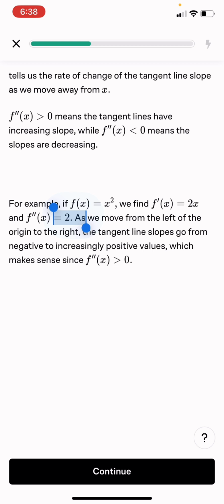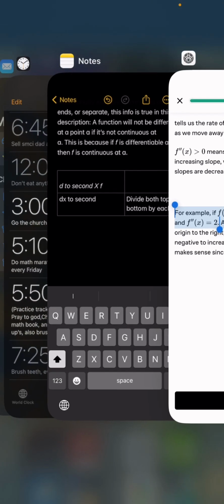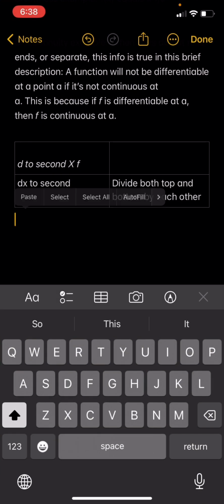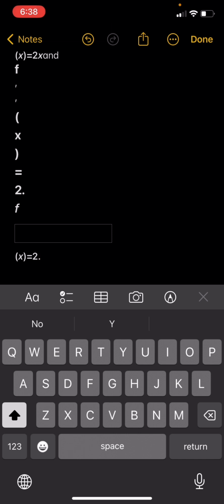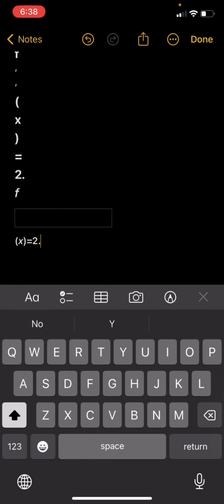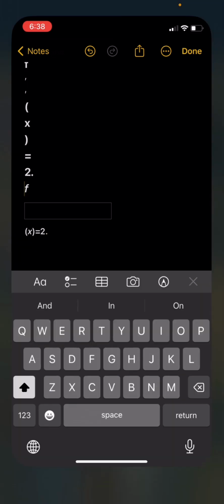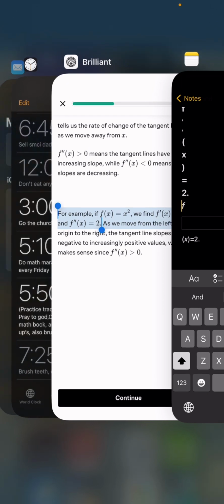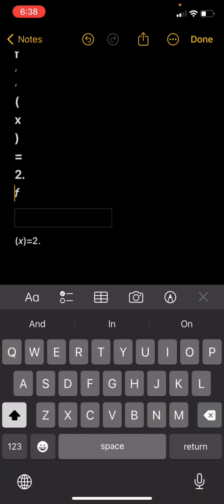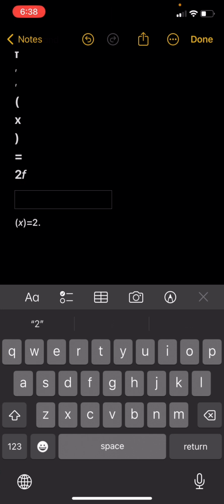Here, let me copy this. Give me 1 second. This really messes it up. Function of x.